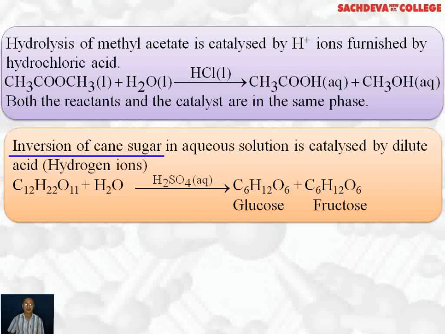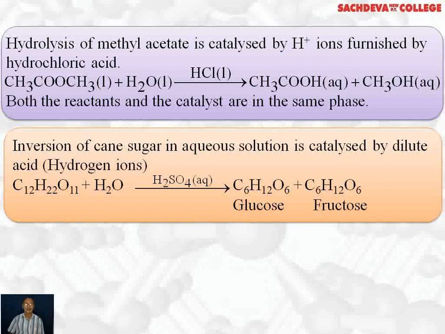Inversion of cane sugar in aqueous solution is catalyzed by dilute acid. Sucrose on hydrolysis in the presence of sulfuric acid gives glucose and fructose. This is an example of homogeneous catalysis because we are taking an aqueous solution, and sulfuric acid, which is aqueous, is acting as the catalyst.